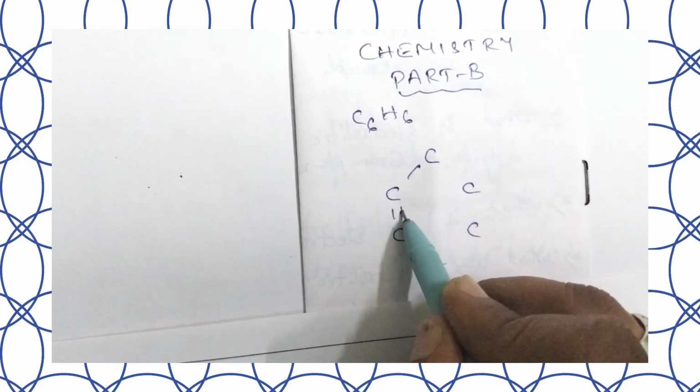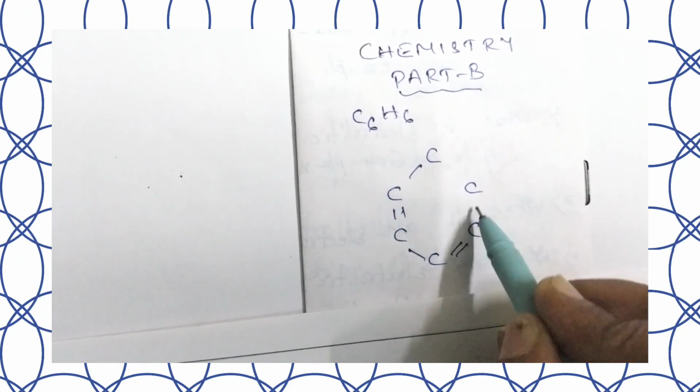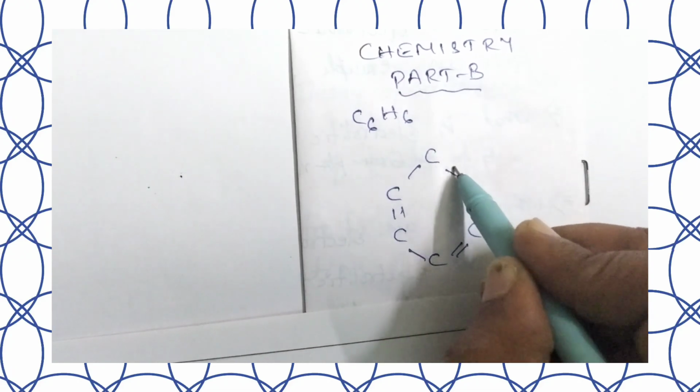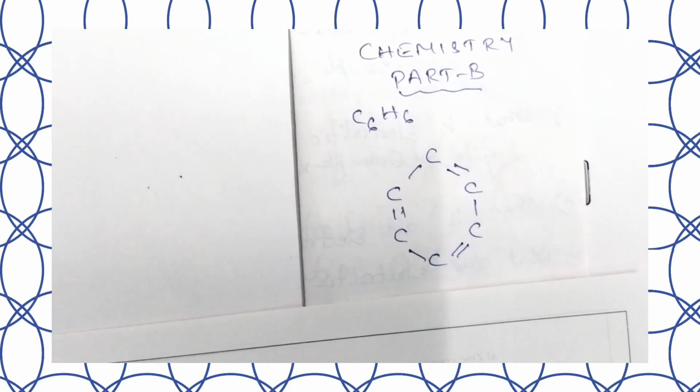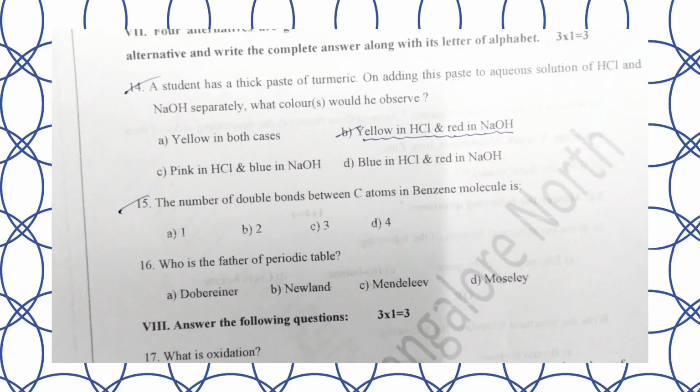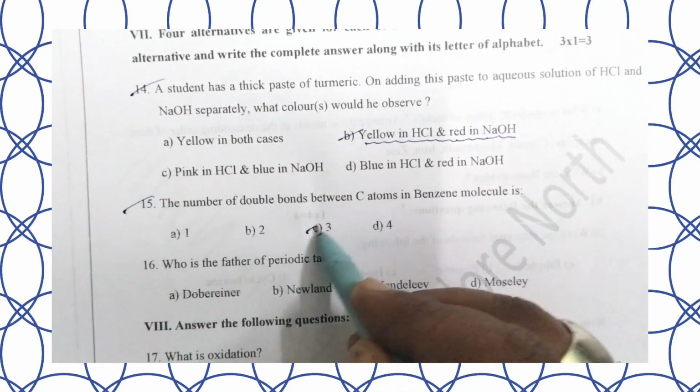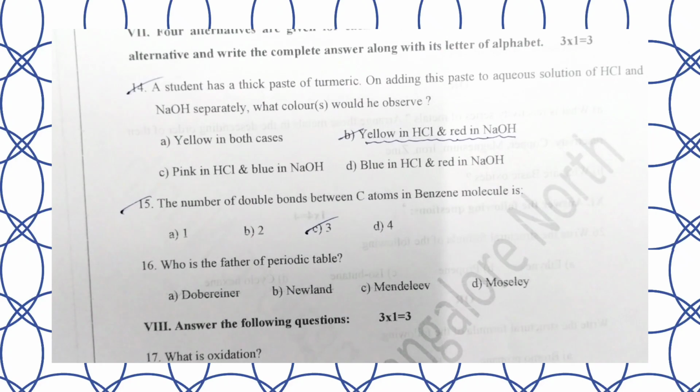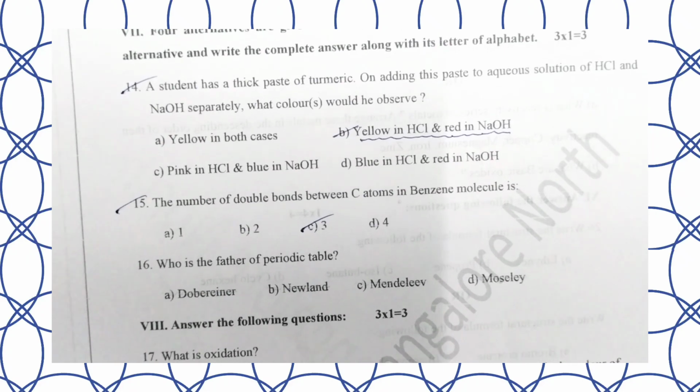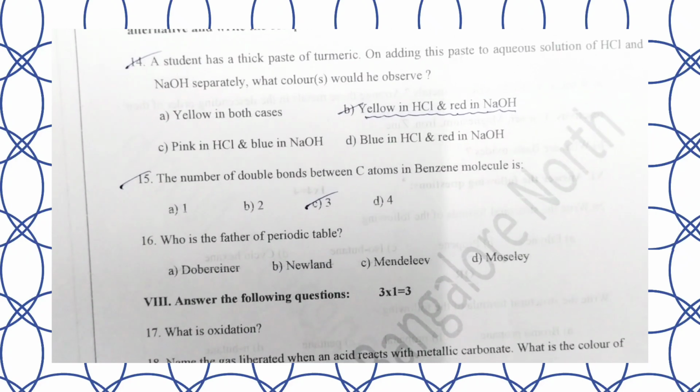Single bond, double bond, single bond, double bond, single bond, double bond. So observe how many double bonds are there. 1, 2, 3 double bonds are there. In benzene, 3 double bonds are there. Therefore, for 15, the right answer is option C, 3.